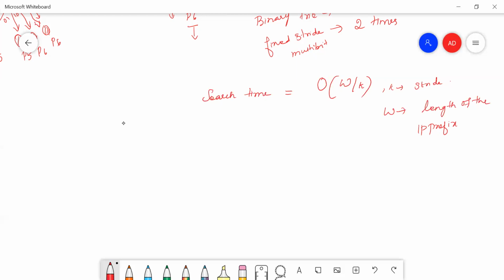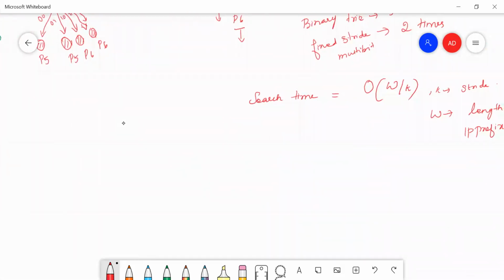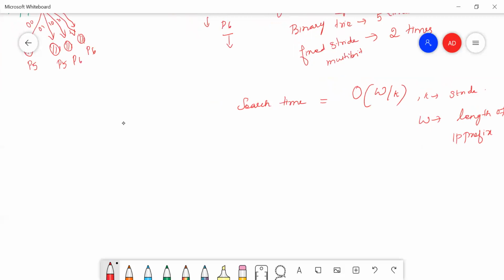So next, let's have a look at the update algorithm. Updating is nothing but inserting a new prefix, or modifying an existing prefix. Let's consider an example where we need to insert first. Assume that we are going to insert prefixes 1100 star and 10111 star.